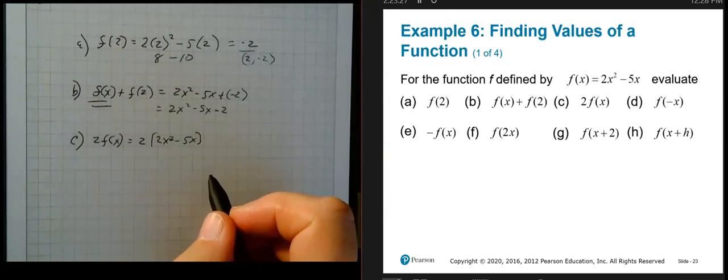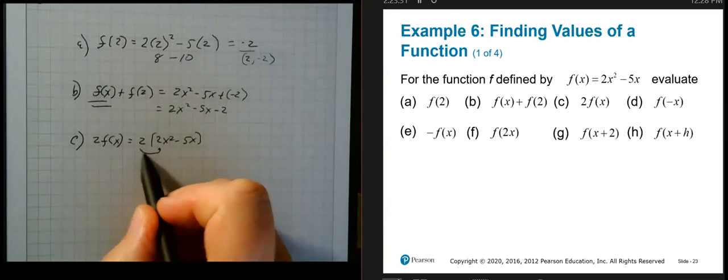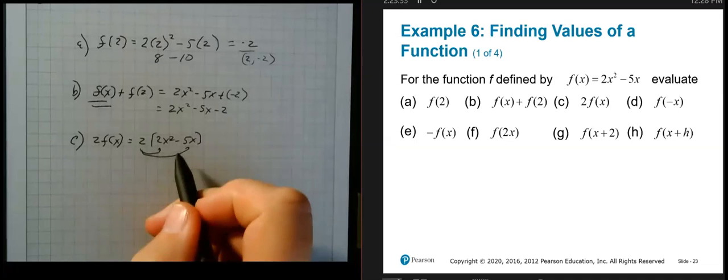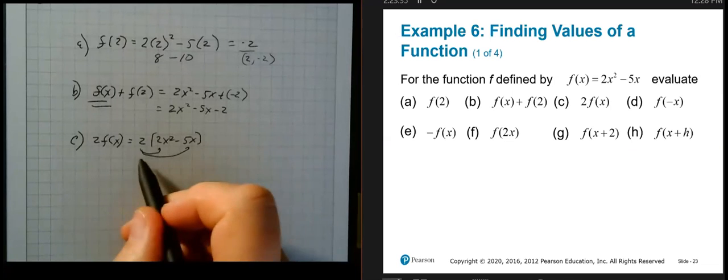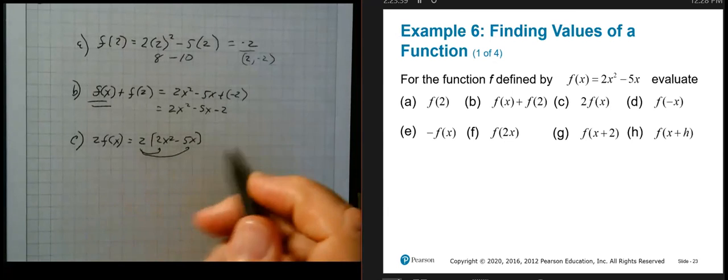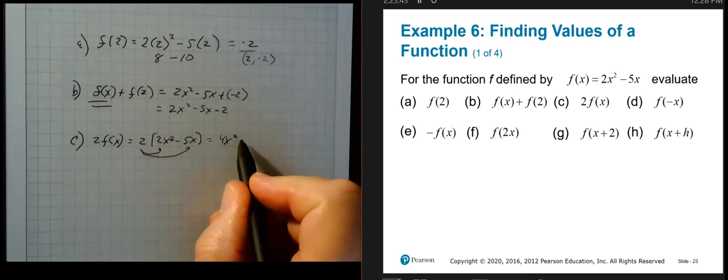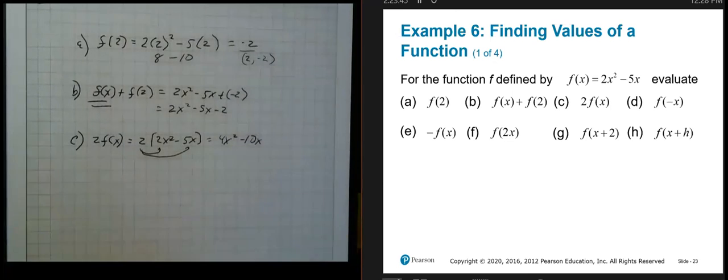All right. So we're going to do the distributive property. This is not just 2 times 2x squared. This is 2 times 2x squared minus 2 times 5x. So that gives us 4x squared minus 10x.